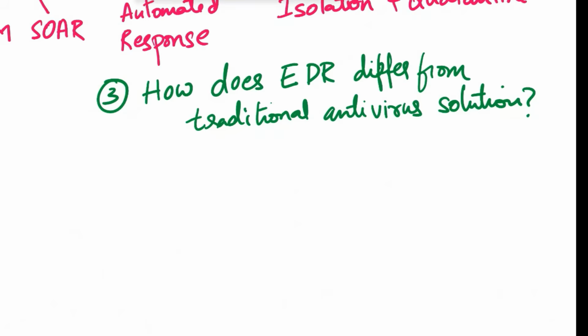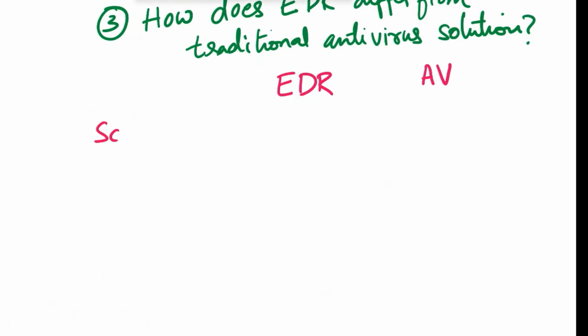EDR solutions and antivirus solutions serve different purposes and offer different capabilities in the realm of cybersecurity. Let's see some of the key differences between EDR and traditional antivirus solutions. The first difference is regarding the scope of protection.